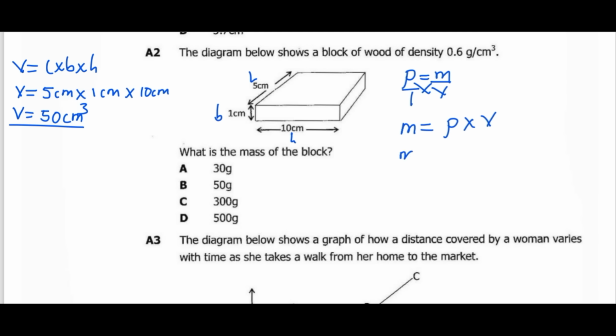So here we have a density of 0.6 grams per cubic centimeter times 50 cubic centimeters. So we cancel the units. Then 0.6 times 50 gives us 30. So here we get 30 grams as our answer.